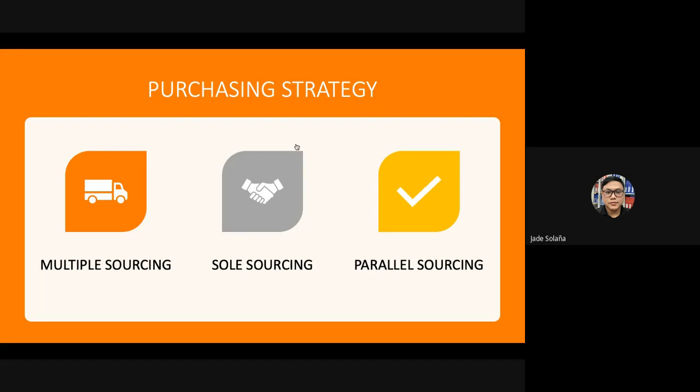The likelihood that fresh water will become an equally scarce resource is causing many companies to rethink water intensive manufacturing processes. So the basic purchasing choices are multiple, sole, and parallel sourcing.